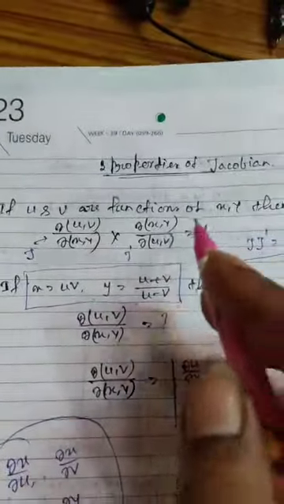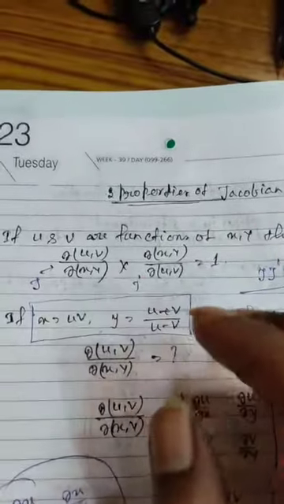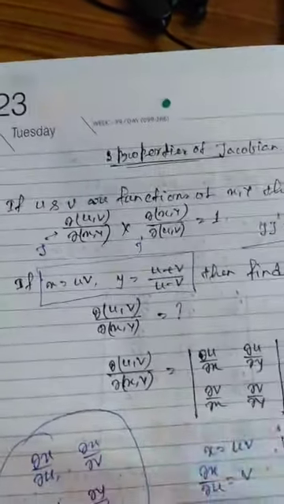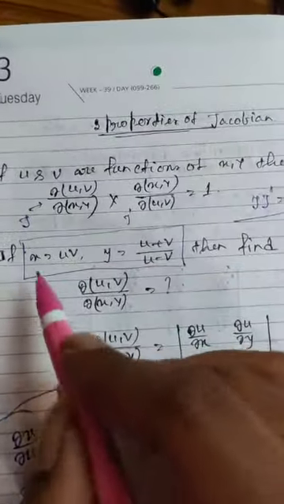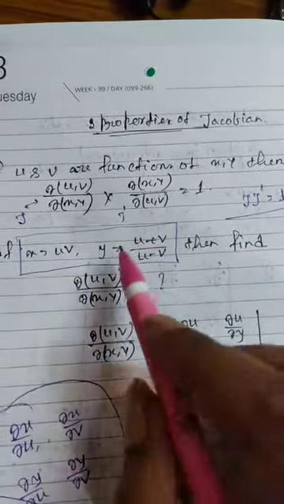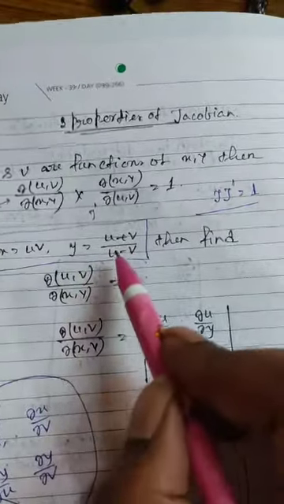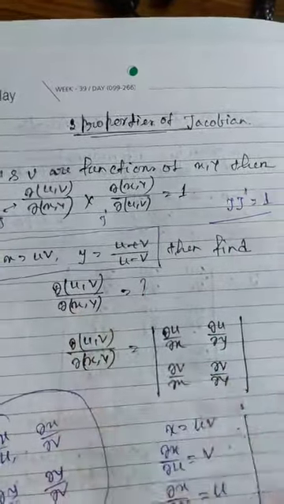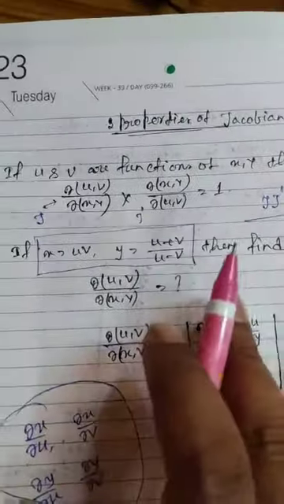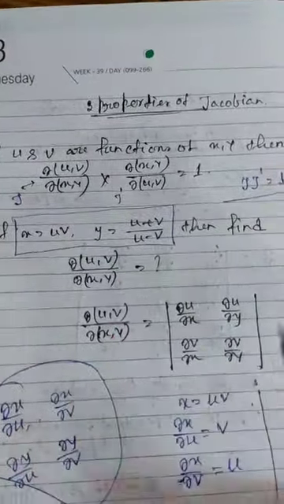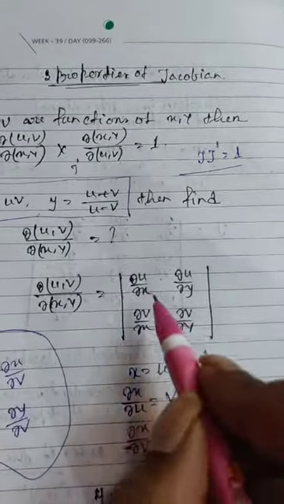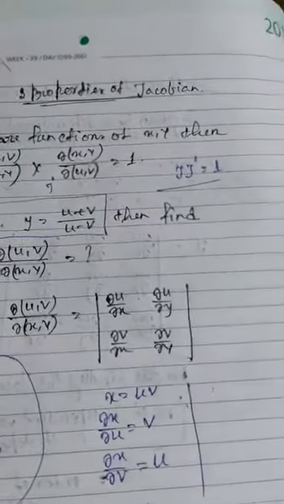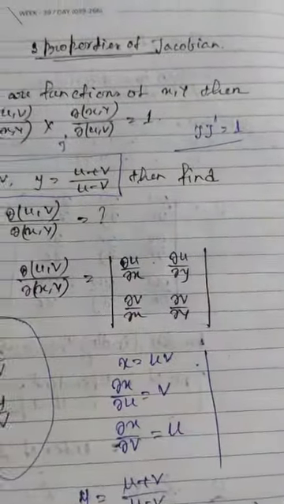And sometimes we have to use this property to find the Jacobian of some functions. So I will show you one problem here: if x is equal to uv and y is equal to (u plus v) divided by (u minus v), then find del(u,v)/del(x,y). See here, del(u,v)/del(x,y) means we can write the determinant of del u del x, del u del y, del v del x and del v del y.